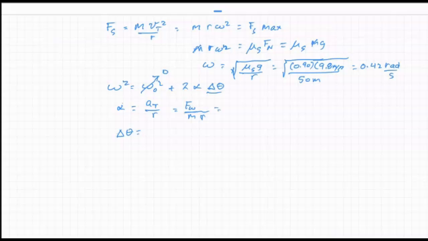We'll put in the value of the force by the wheels, which is 525 newtons, and we divide that by the mass of the car, 1,500 kilograms, and also by the radius, 50 meters.